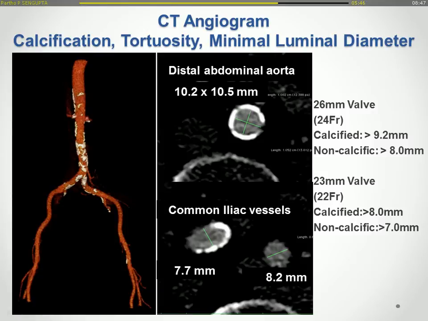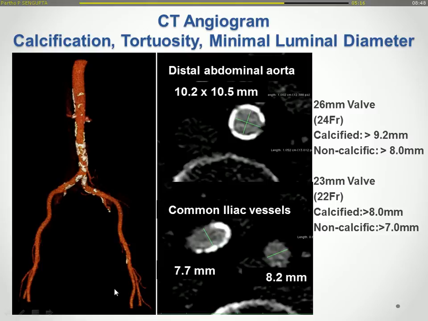And this particular diameter would be difficult to negotiate with the 23 millimeter Edwards Sapien valve, where the requirement is that you should have more than 8 millimeter minimal lumen diameter for proper entry of the device. So using this approach, you're able to really understand the type of the device and the kind of negotiations that you might have to use in these situations.